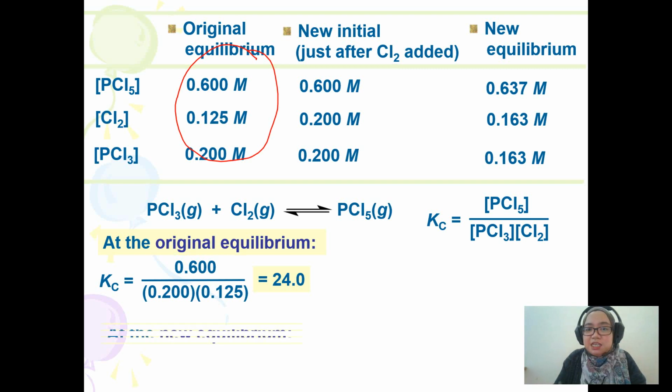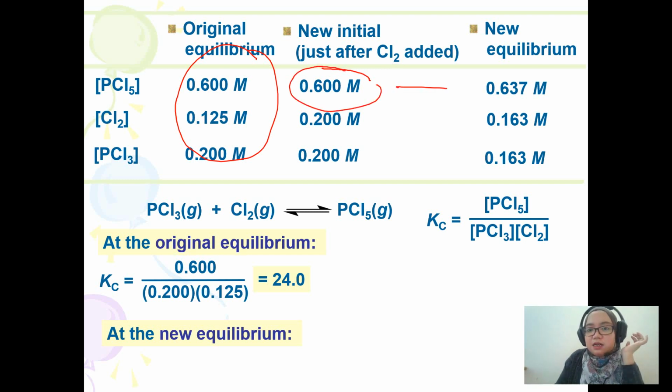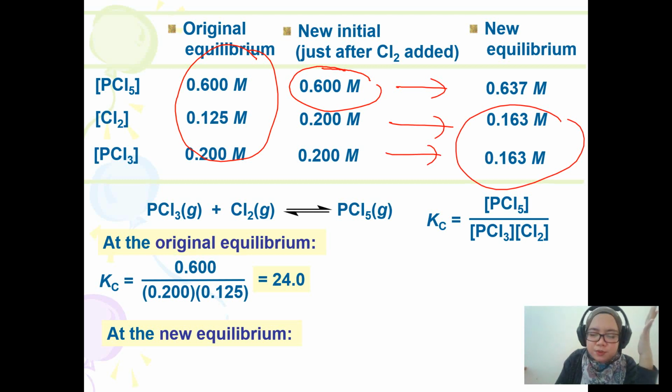So, dia dah jauh daripada equilibrium. So when the equilibrium shifts the position to the right, the concentration of PCl5 increases and the concentration of Cl2 and PCl3 decreases sebab dia orang consume the additional concentration of chlorine gas.